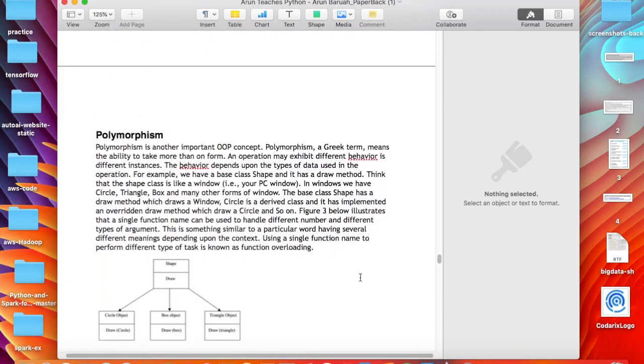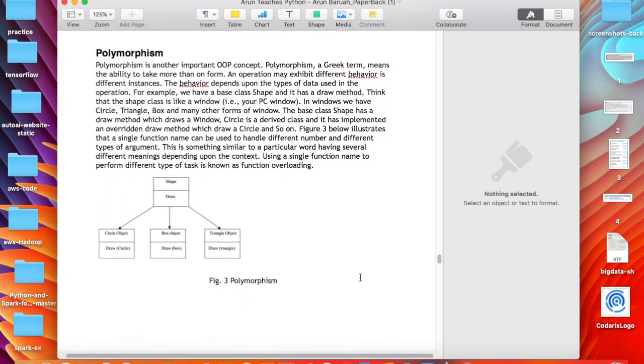So let me scroll up. This is one of the most important interview questions. What is polymorphism? Polymorphism is a Greek word. Poly means having many.